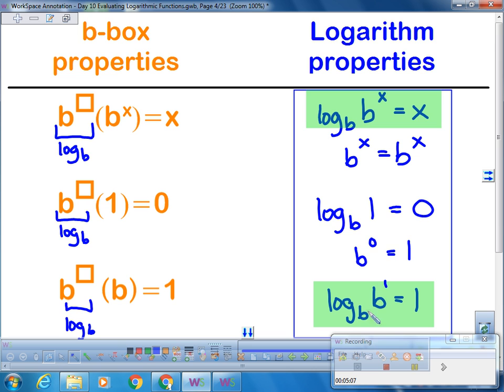See how these match? They're inverses of each other. Just as with an x, it's just given, if x equals x, right? Those are important properties. We're going to work with them over the next 3 or 4 days.